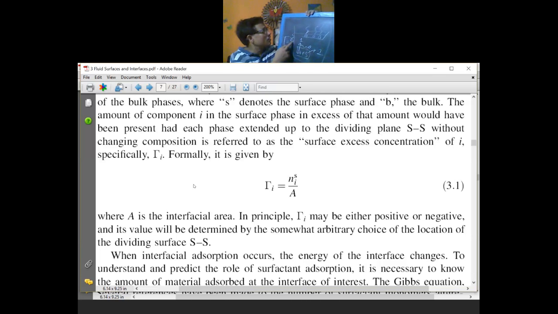So here it will be N1S. The number of surfactant molecules at the surface will always be higher per unit cross-sectional area compared to the bulk. This is an imaginary surface, and A is the interfacial area.